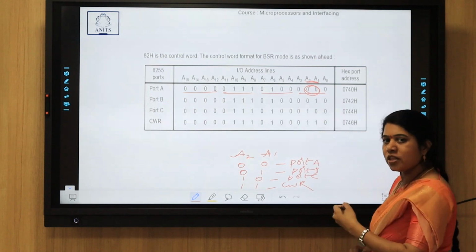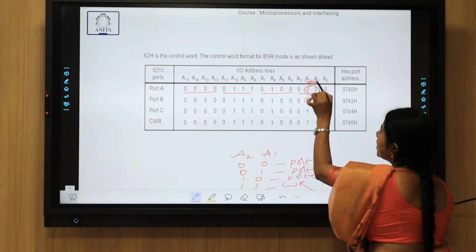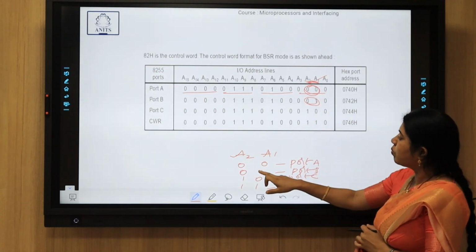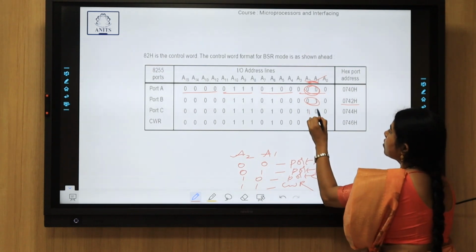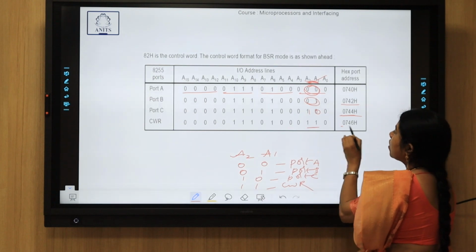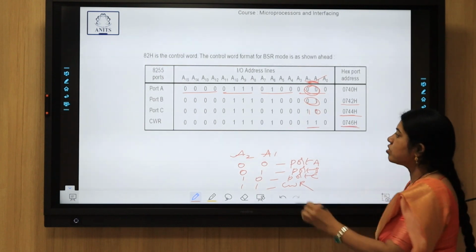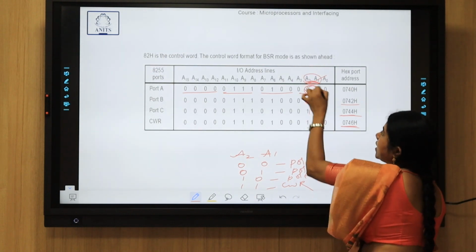In order to obtain the port B address, the remaining bits are the same except these A2 and A1 lines. If it is 01, port B will be selected. Yes, this is the port B address. If it is 10, port C address will be selected. If it is 11, control word register address will be obtained. So the remaining address bits are the same except these A2 and A1 lines.